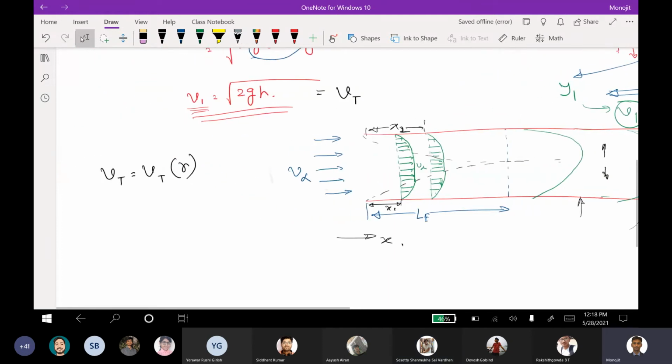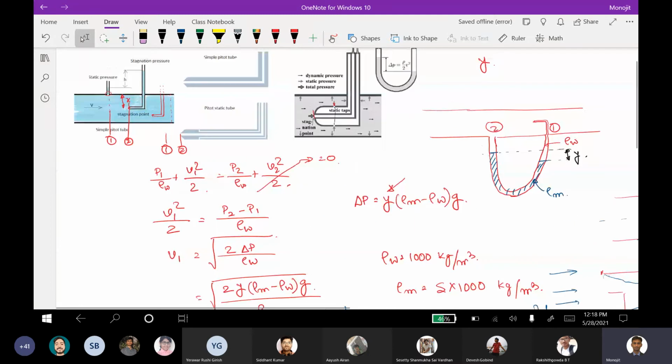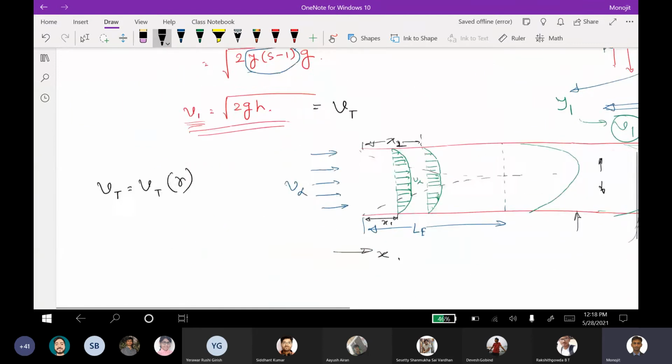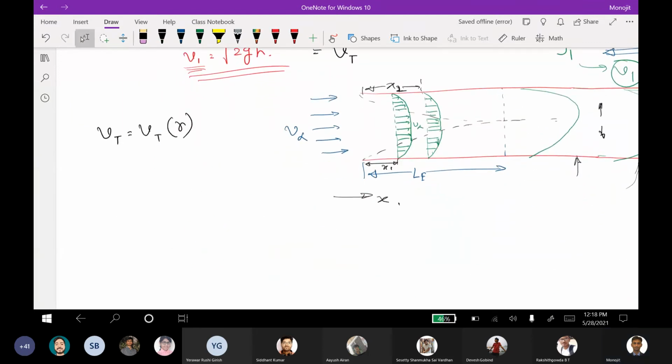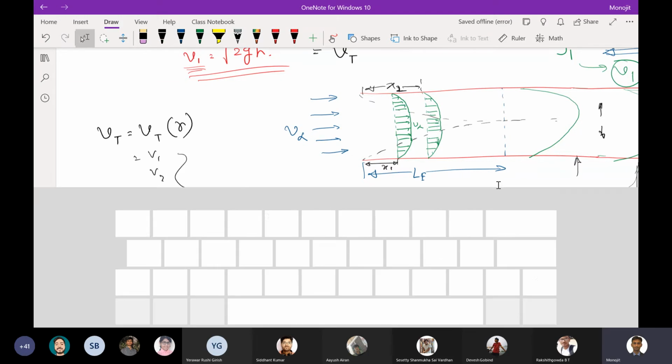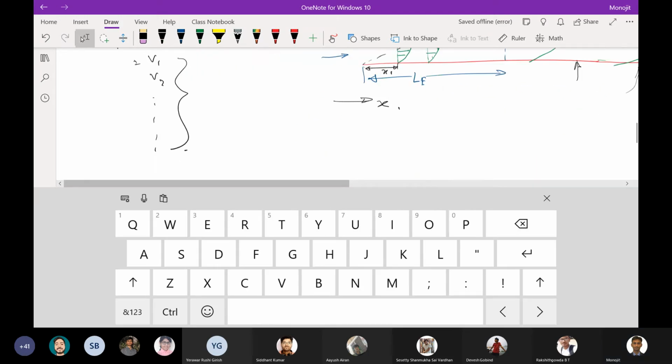So you place the Pitot tube at this location and change the position from here to here, here to here. You will get discrete velocity values. You will not get a continuous function here. You will get discrete values of maybe V1, V2, V3, all these things.